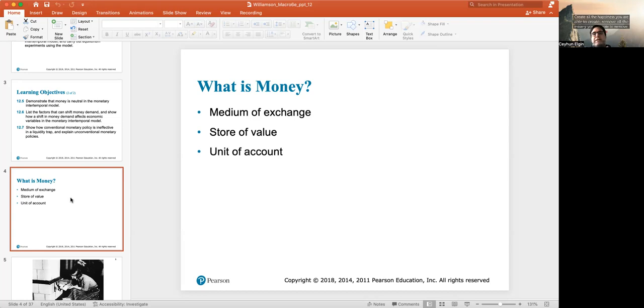Medium of exchange is basically, as its name suggests, money is the medium of exchange. We use money to exchange for goods and services. We are not doing a barter economy in which we are exchanging goods and services for goods and services. Instead, we use money to do those transactions. That's the medium of exchange function of money.